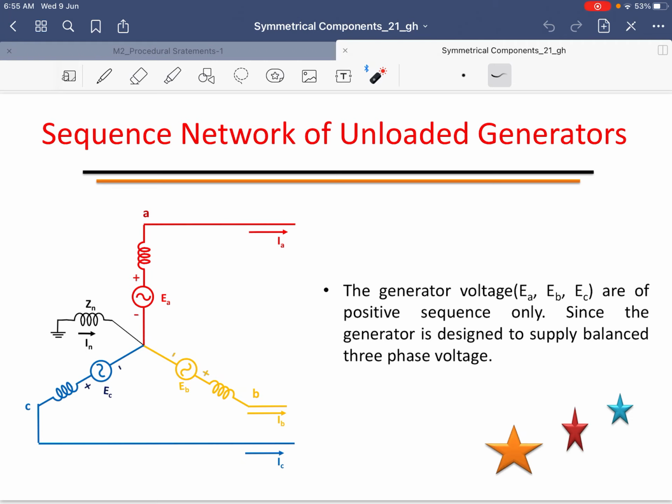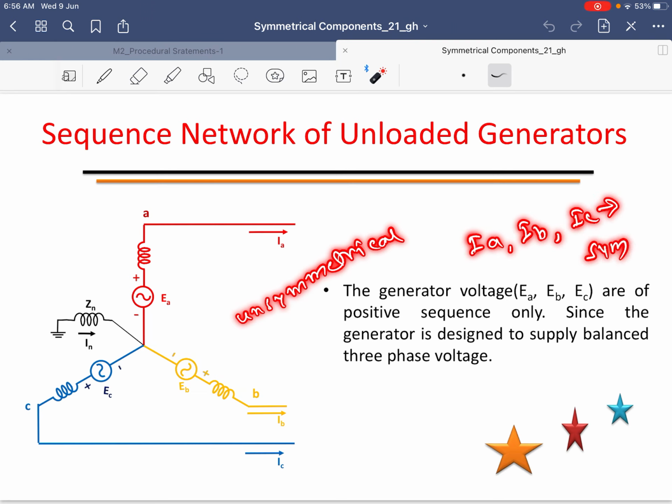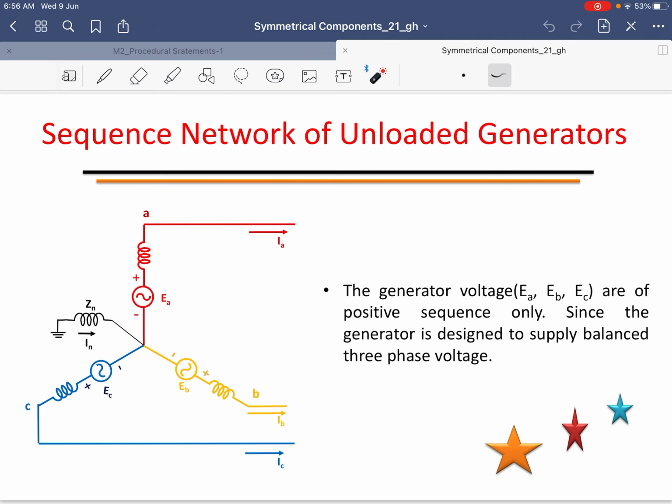That is, for analysis of an unsymmetrical fault, you have to resolve IA, IB, IC into their symmetrical components. Then you get three sets of symmetrical components, which can be analyzed on a per-phase basis.